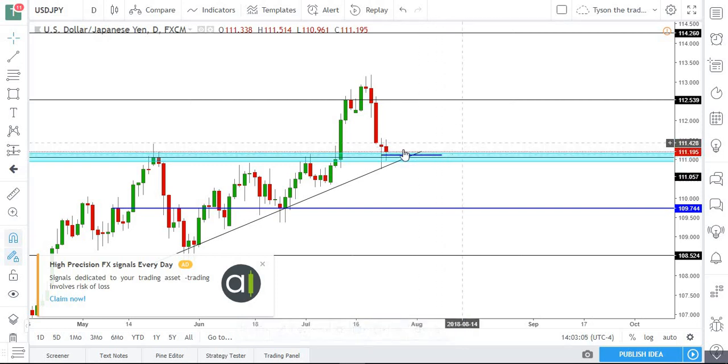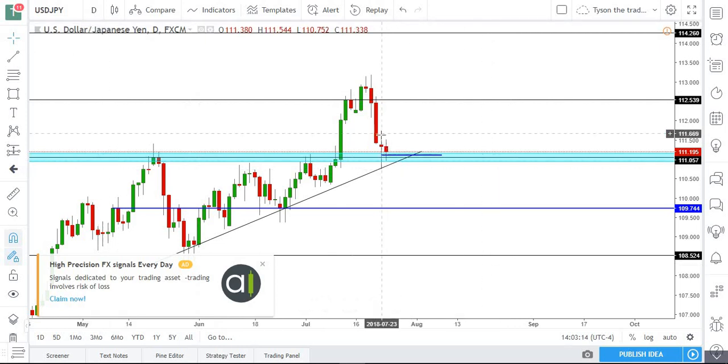Obviously you need to wait for the daily close since we're looking at the daily chart. And the second day you wait for the retest to the 50% level of this pin bar. That's where you're going to be entering into this market.